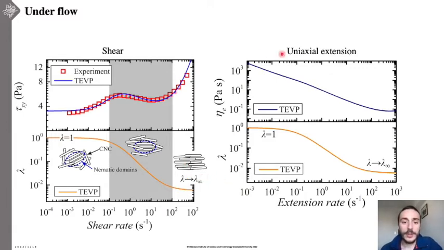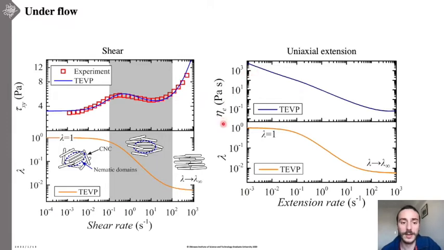And in uniaxial extension, we cannot perform reliably these measurements, and therefore we rely on the model. This is a first instance where this model can provide us some supplementary information which we cannot access experimentally.